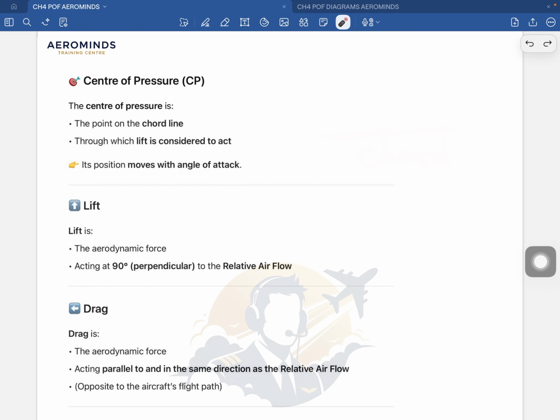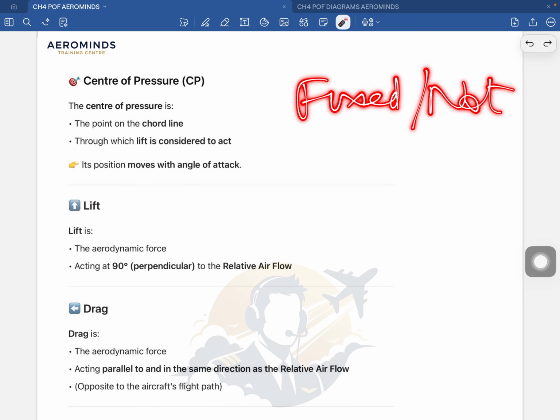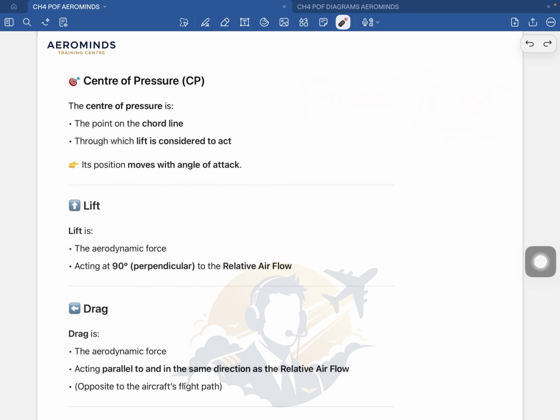Okay, now this movement forward or aft is extremely important because it is affecting your pitching moments. Pitching means up and down. And in DGCA exam they may ask you whether CP is fixed or not. Is it fixed or not? So it is not fixed, it changes, and it changes with the angle of attack.